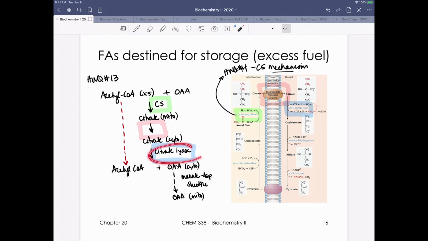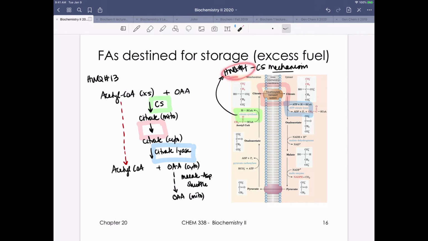When we get out to the cytosol, we do have an enzyme that does the chemistry to reverse citrate synthase, but it's called citrate lyase. What we get then is we get back our acetyl-CoA, but now it lives in the cytosol. And now we've got oxaloacetate that lives in the cytosol, but we can again use the malate aspartate shuttle as a way to get oxaloacetate that's in the cytosol returned to the mitochondrion. So we're not really depleting that mitochondrial pool of oxaloacetate.